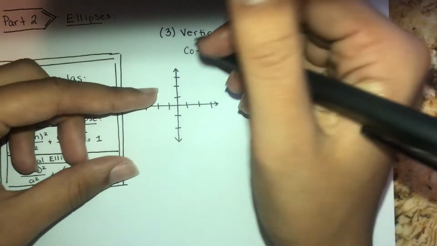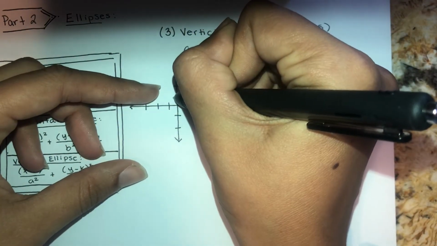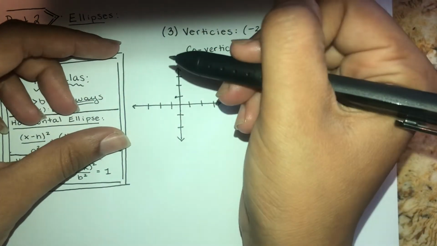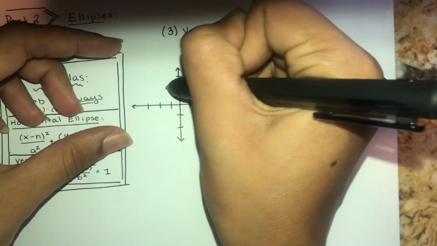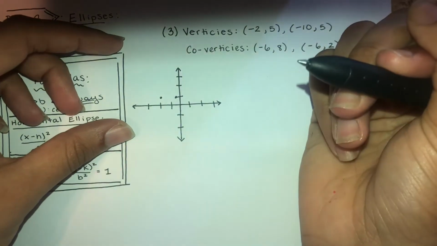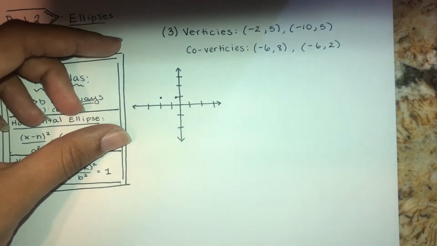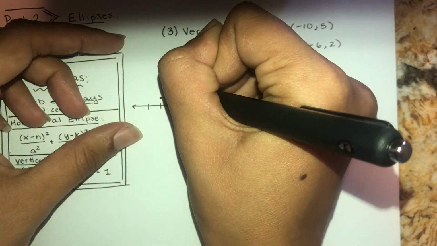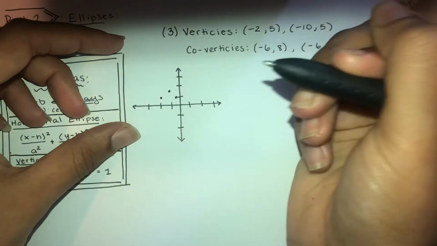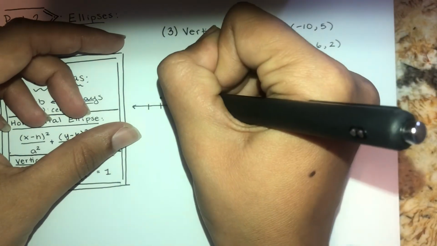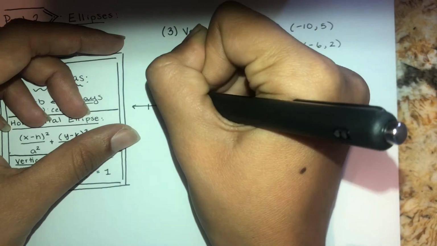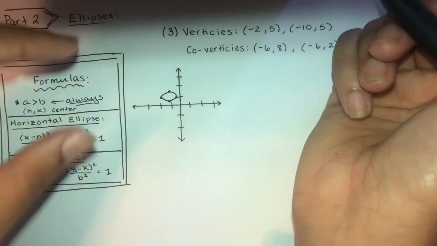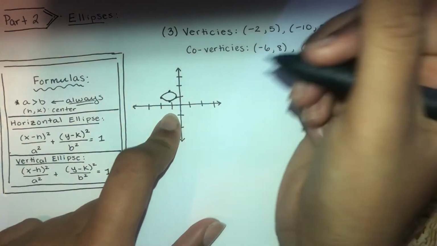So -2, 5; -10, 5; -6, 8; -6, 2. All right, it is definitely hard to see here. Maybe it looks different on your graph, but this is a horizontal ellipse.